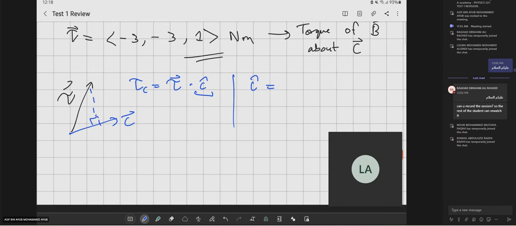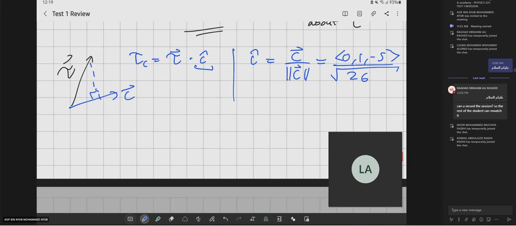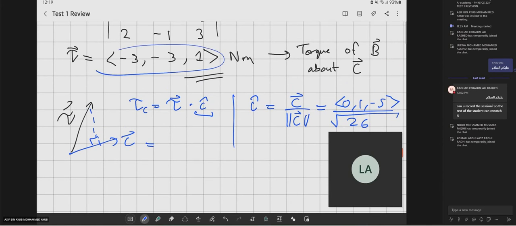So finding the unit vector of C is vector C over the length of C, which is 0, 1, minus 5 over, and you can check that this is 1 plus 25, which is 26, square root of 26. And so I'll have tau, we found this here, this is minus 3, 1, dotted with 0, 1, minus 5 over square root of 26.